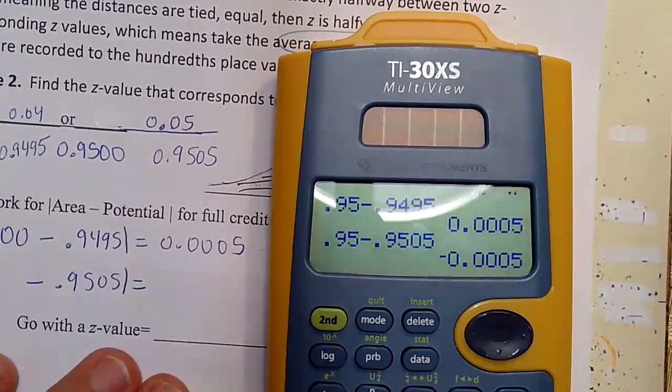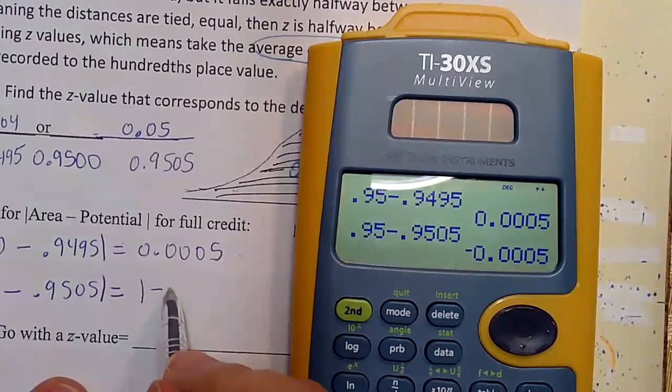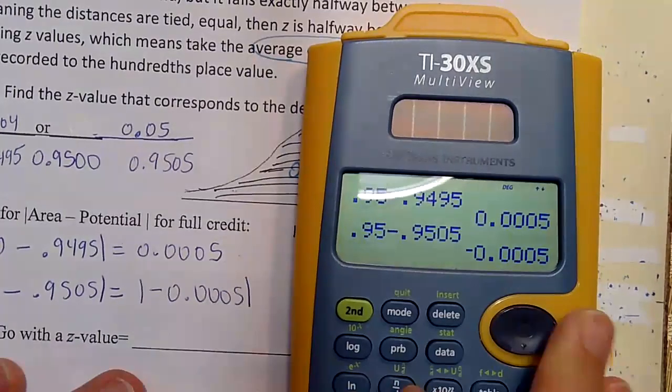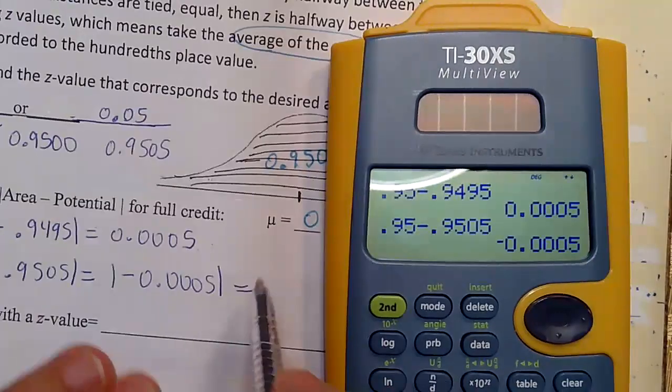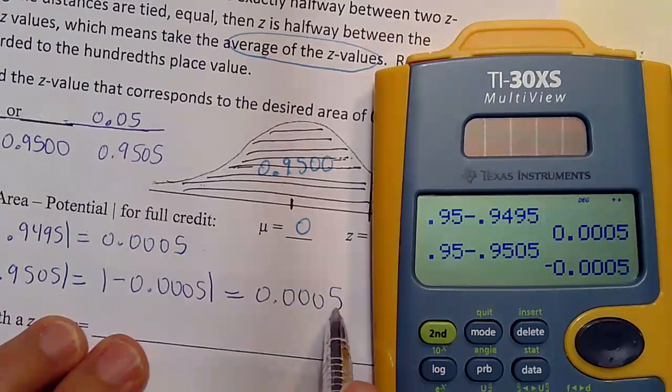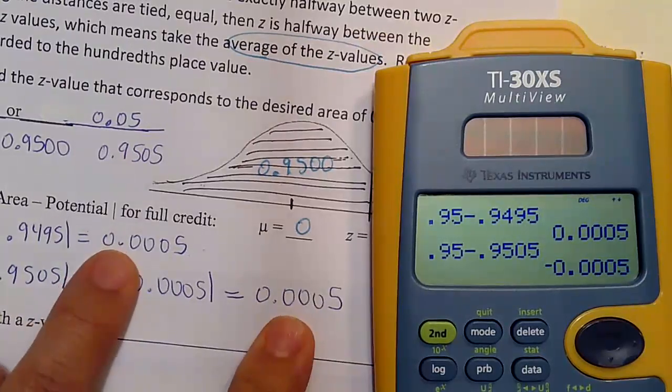That's the negative, but remember, you're taking the absolute value. The absolute value of a real number is just its positive. And you see how these are identical?